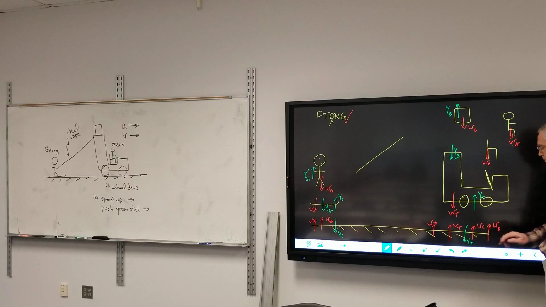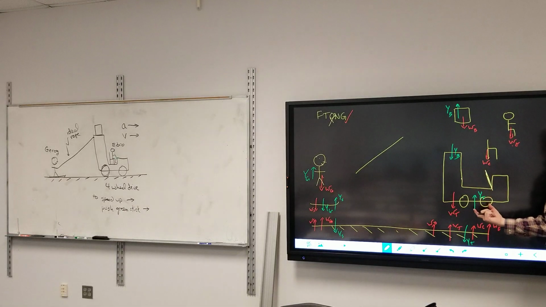All right, so here's another case where I called it 4-wheel drive. We can assume that there are 4 wheels on it. How many normal forces do I draw pointing upwards? Only a 1 you need. Understood.